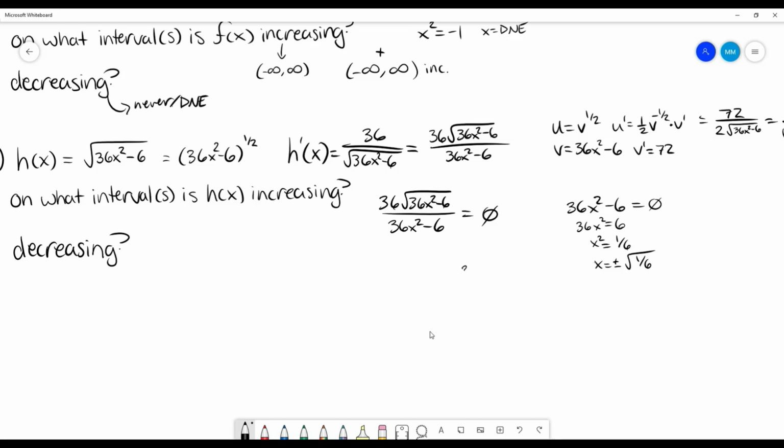So that would just be whenever this is less than 6, which would be, I suppose, whenever our x squared is smaller than the square root of 1/6, which would be plus or minus, I believe, or the square root of 6 is another way I could write that. I think that's right. Feel free to call me out if this is wrong.